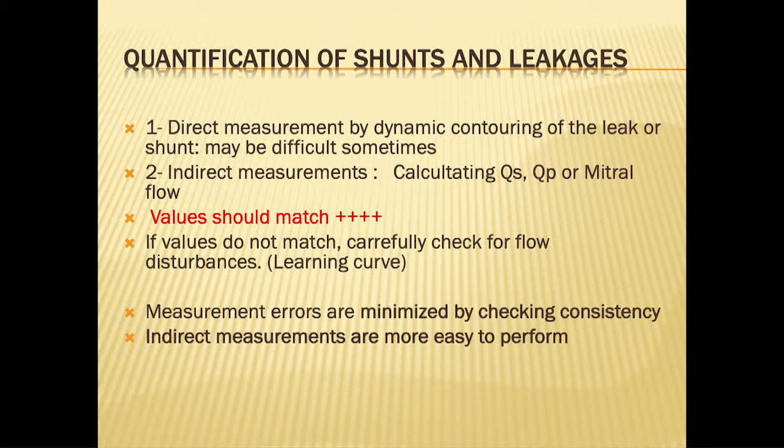And you also have indirect measurement, as usual, calculating systemic flow, pulmonary flow, or mitral flow. But the interesting point for internal validation of your measurement is that the values between direct and indirect measurement should match. My message is: if the values do not match, there is something wrong somewhere, so you have to carefully check for flow disturbance, because there is a learning curve.